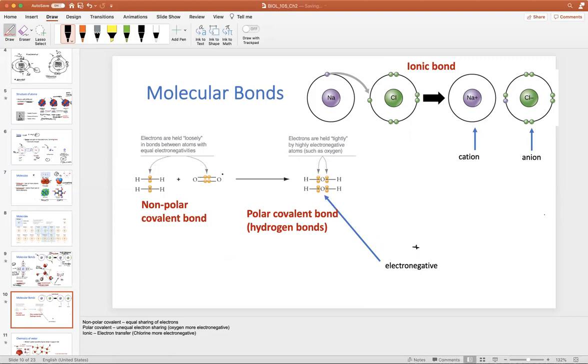Here, these are pretty evenly shared because if you were to draw this out, you'd also have boom, boom, boom, boom, boom, boom, right? 3, 4, 5, 6. So that would be very evenly shared. But here, again, this is that water molecule, and it's going to be unevenly shared because we're going to have the oxygen sort of like gobbling up and not being evenly shared. We have a concentration of electrons around oxygen.